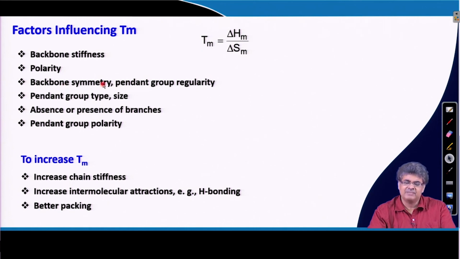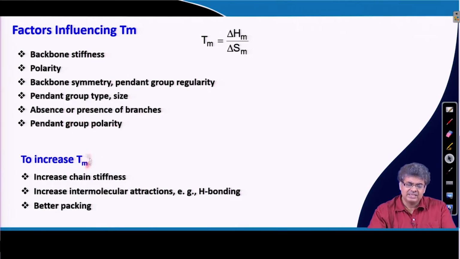Similarly, backbone symmetry will help in crystallization, and regular pendant groups of small size will help in crystallinity, and absence of branches will help in crystallinity. On the other side, presence of branches will inhibit crystallization, and pendant group polarity also matters, because if the polarity of pendant groups is higher, then it helps in crystallization.